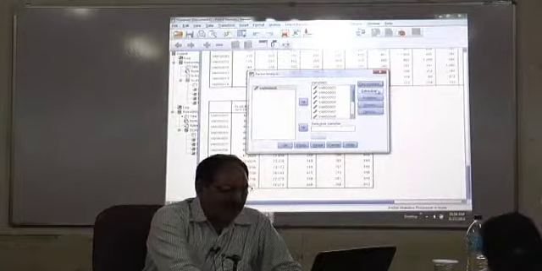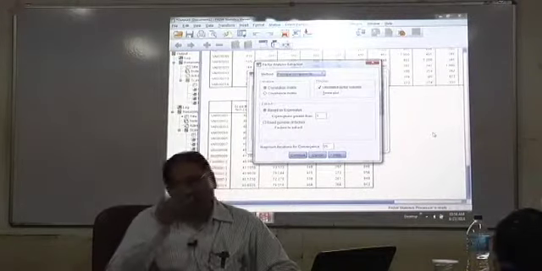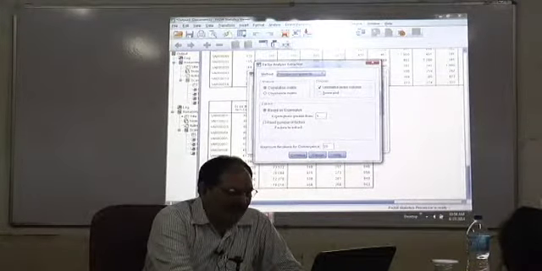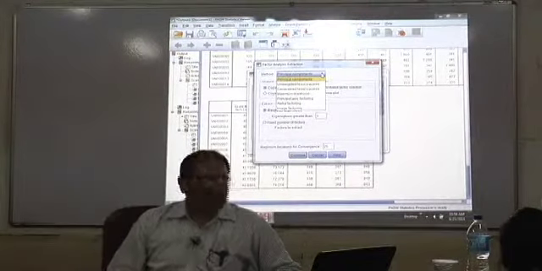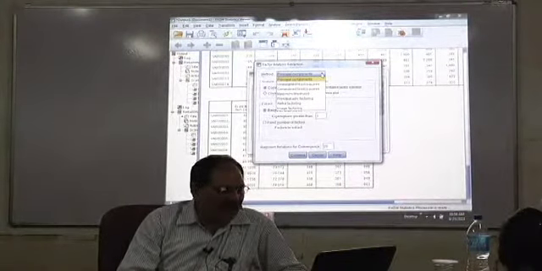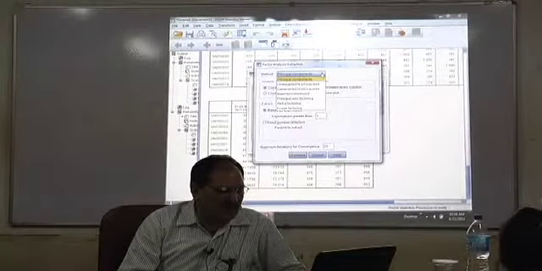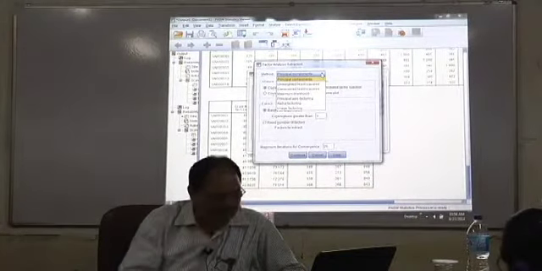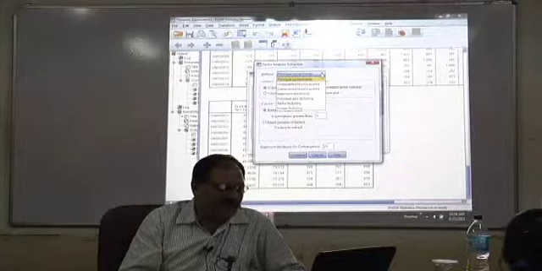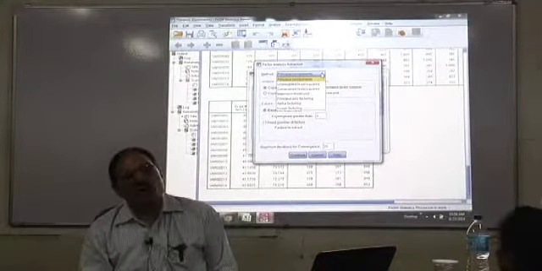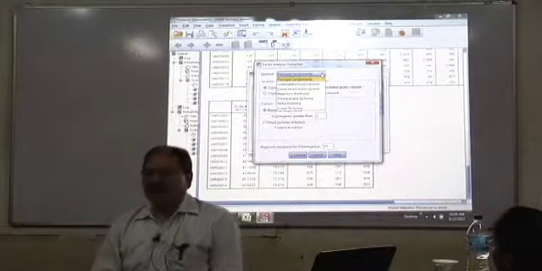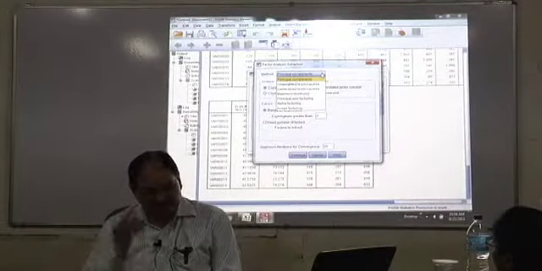Next, Extraction. Now, under extraction there are a number of methods: principal component, unweighted least squares, generalized least squares, maximum likelihood, principal axis factoring, alpha factoring, image factoring. Basically, all these methods can be classified into two categories.